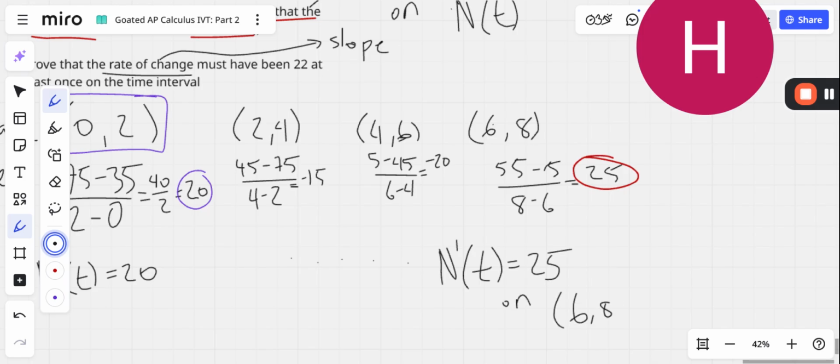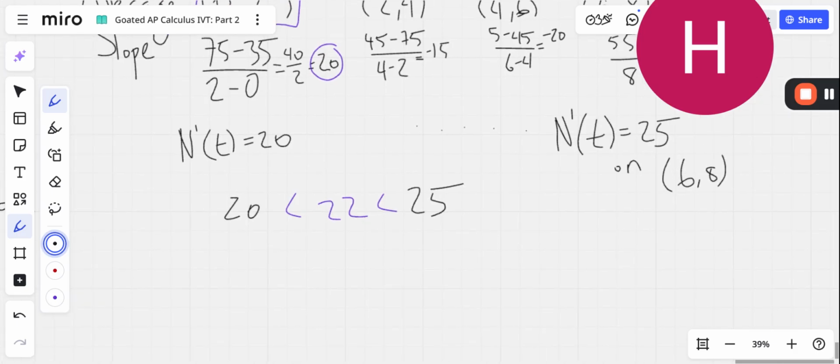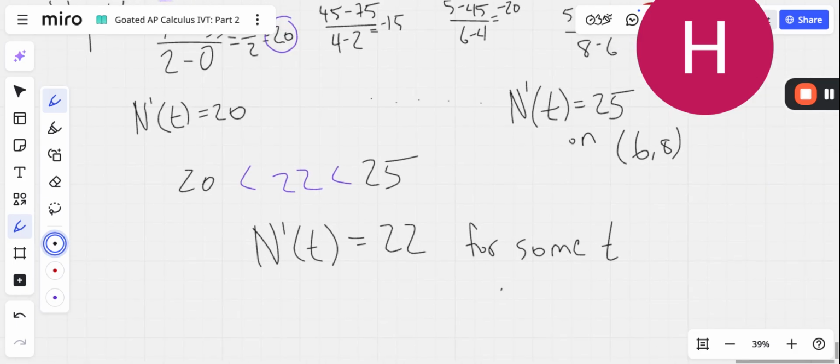So therefore, because 22 is in between 20 and 25, we know that the derivative, which is the slope, had to be 22 at some point. We say for some t on the interval from 0 to 8.